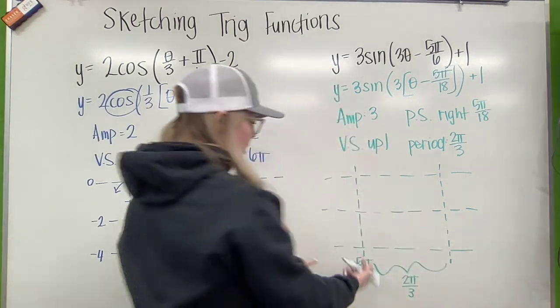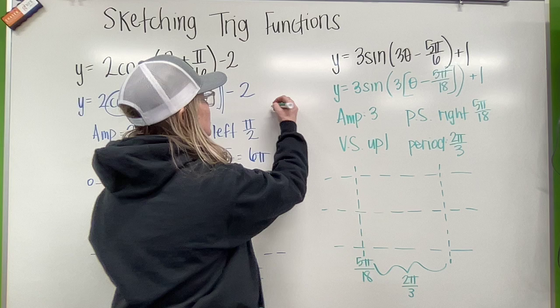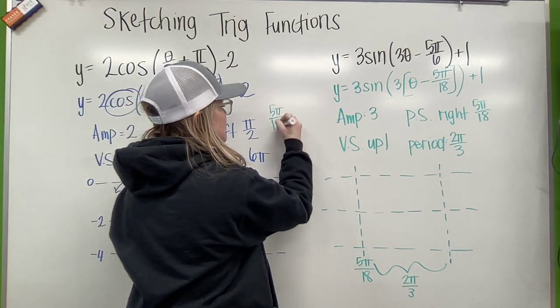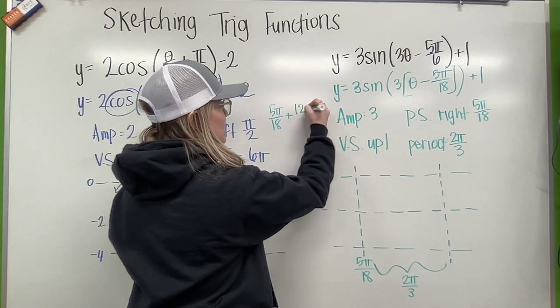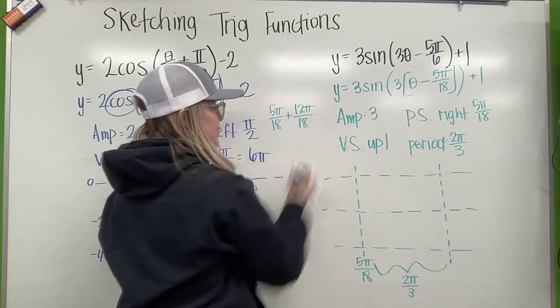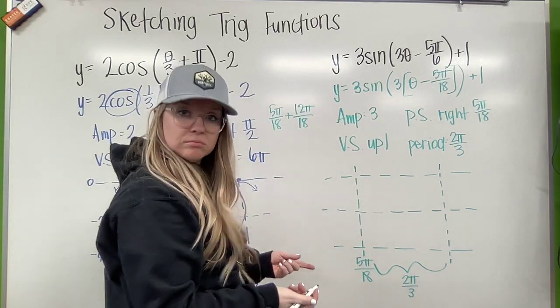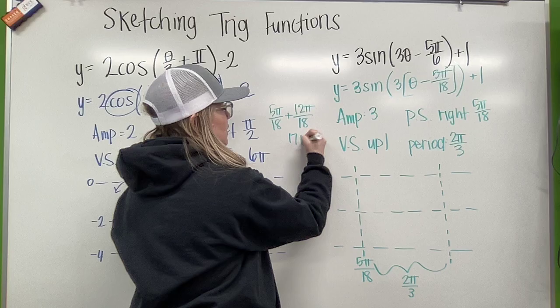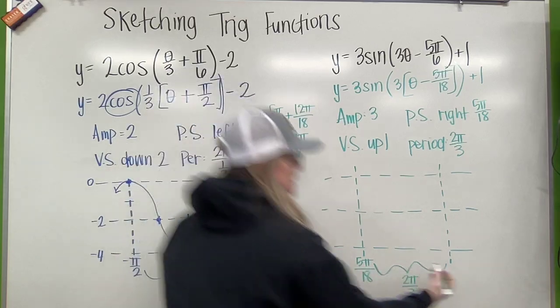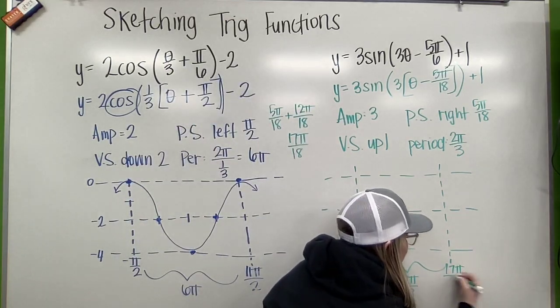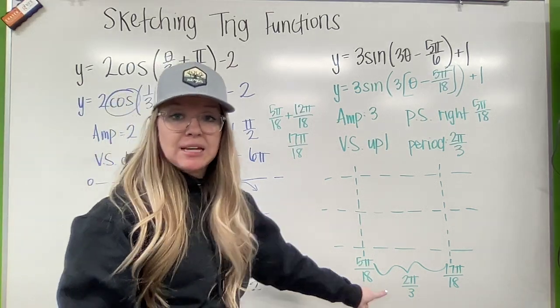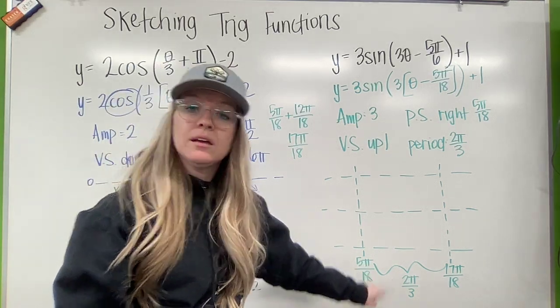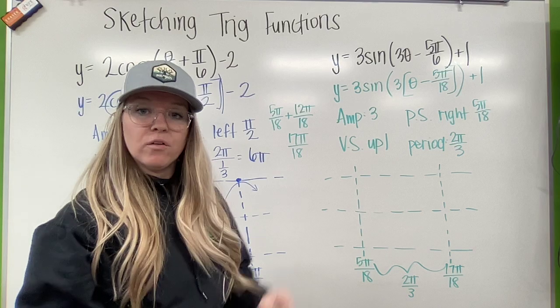And to do that, I'm going to need a common denominator. So I've got 5 pi over 18. I'm going to go ahead and multiply this by 6 to get 12 pi over 18. So that tells me my wave is going to complete at 17 pi over 18. To go from 5 pi over 18 and cover 2 pi over 3, I'm going to end at 17 pi over 18.